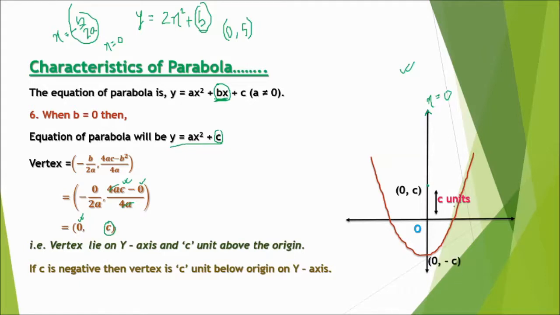It is the case of c being negative, and it is c units below the origin on the y-axis, simply on the y-axis. Now this is also a very important characteristic. If we remember the characteristic, it will save our time while solving the problem, while drawing the graph also, and while doing other things.